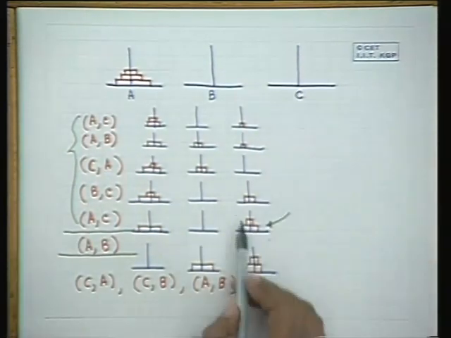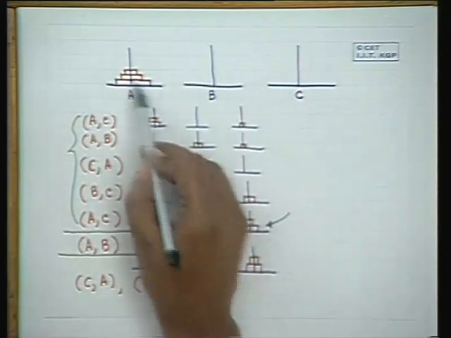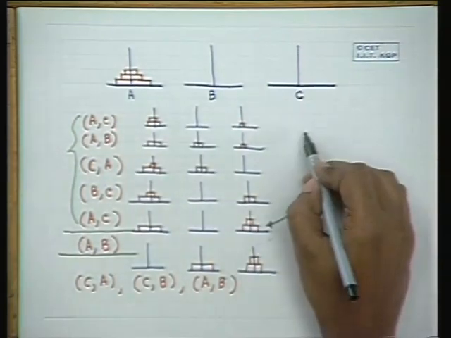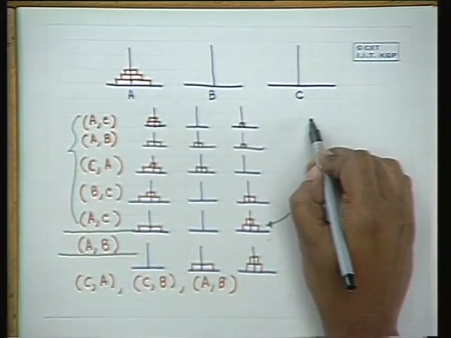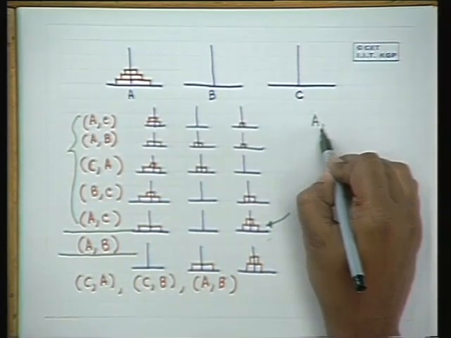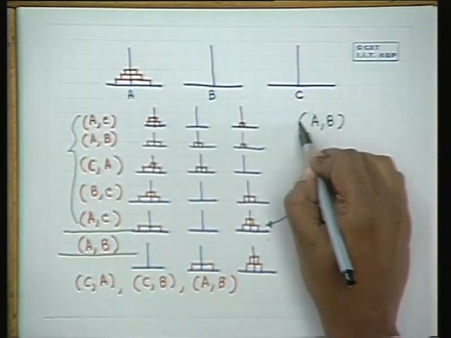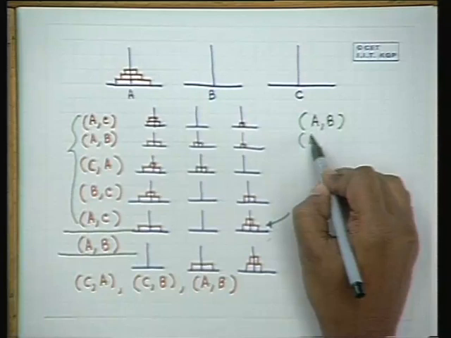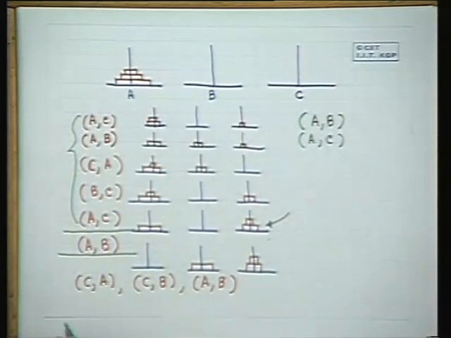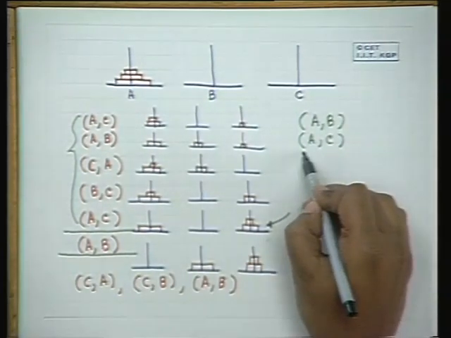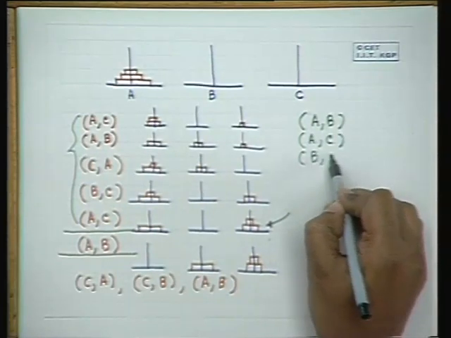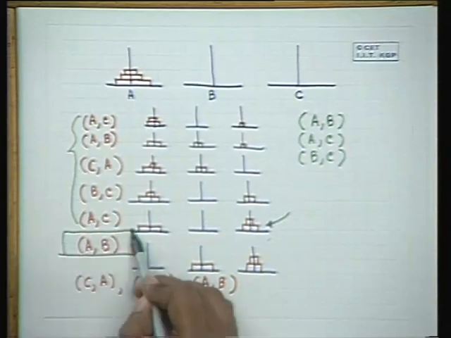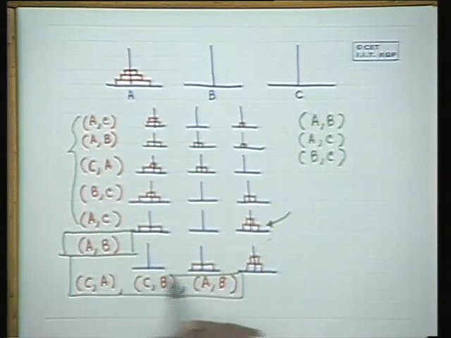And the improvement is, to bring it from here to here, I need to bring this down, this up, and this back. So all I need to do was A to B instead of this A to C which we did. A to C now, and B to C. Follow it up with this one and these.